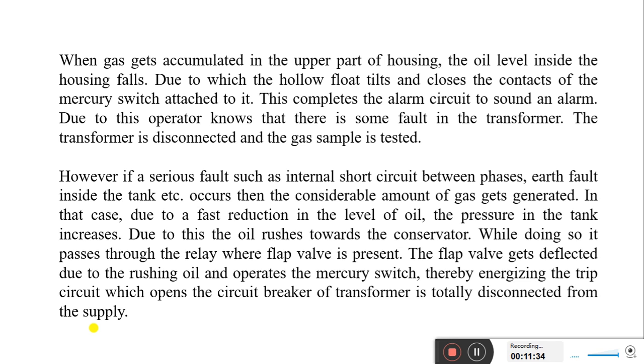So this is what happens: when oil rushes toward the conservator, then the switch operates. And how does this happen? If there is a serious fault such as an internal short circuit between the phases or an earth fault inside the tank, etc., then a considerable amount of gas gets generated.